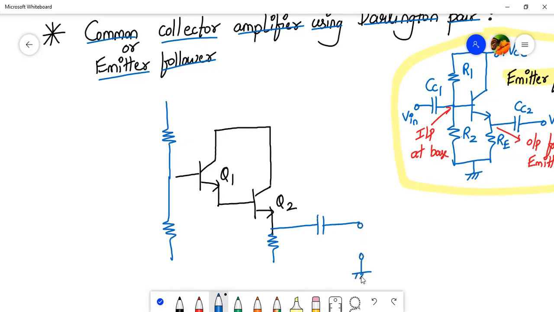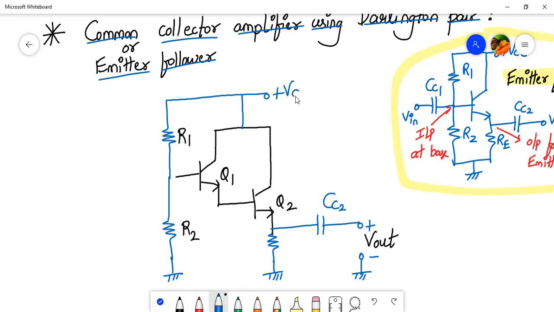Here we have ground. Here also we have a ground. This is CC2. This is Vout. This is resistor R2, R1, and here it will be directly going to VCC. So here I'll connect plus VCC.